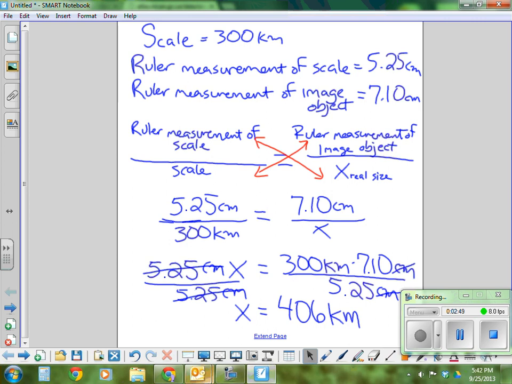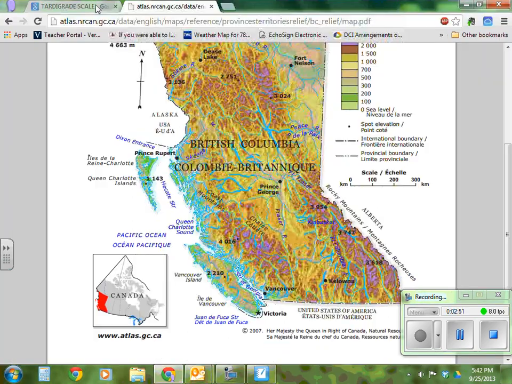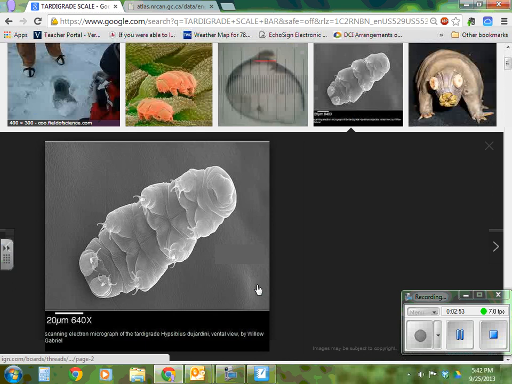This same process can be applied to a microscope image. We have a scale bar. We have a scale bar representative number, in this case 20 micrometers. And we have an image object that we want to measure. And all of you have a picture that you need to do this with.